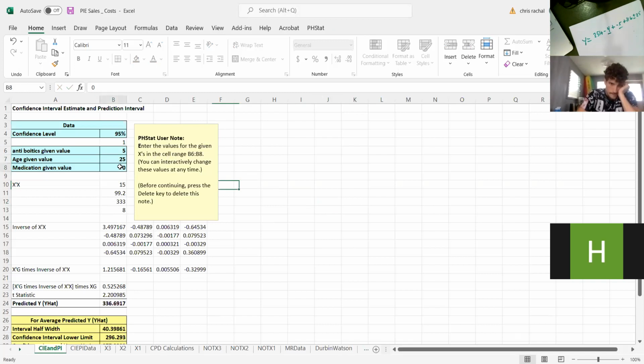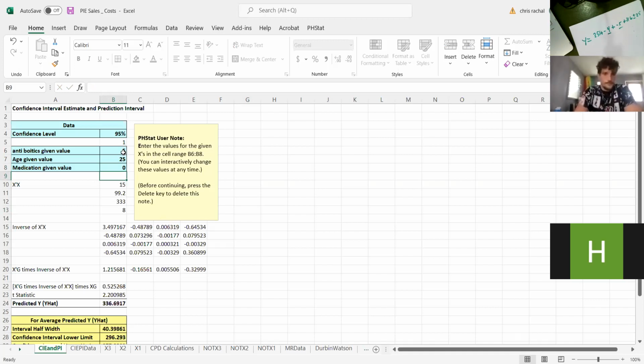Now imagine if we give them medication. Stay increases because medication is a bad thing. We take away the medication. Stay decreases, right?